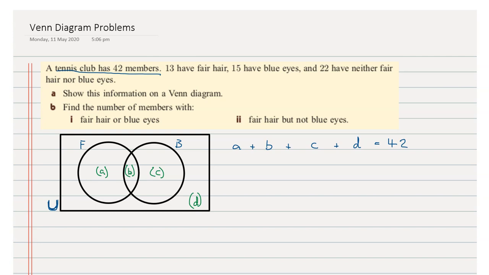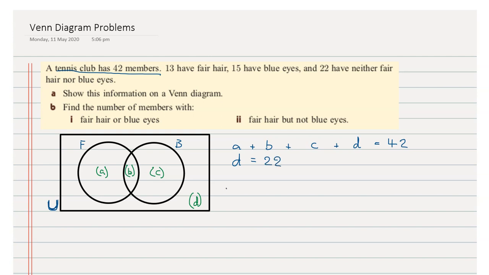Now there are 22 people who have neither fair hair nor blue eyes. This tells us that the number of members in set U that are not a part of set F or B is equal to 22. So D equals 22.